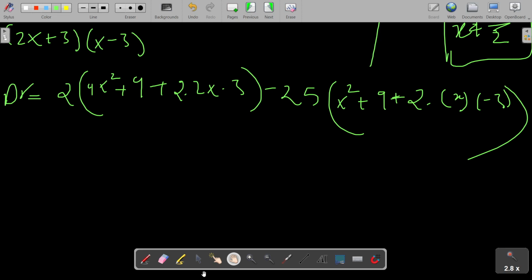So let's simplify this. 2 into 4, 8x squared plus 2 into 9, 18, plus 2 into 2x is 4, 4 into 3 is 12, 12 into 2 is 24. So this is 24x.